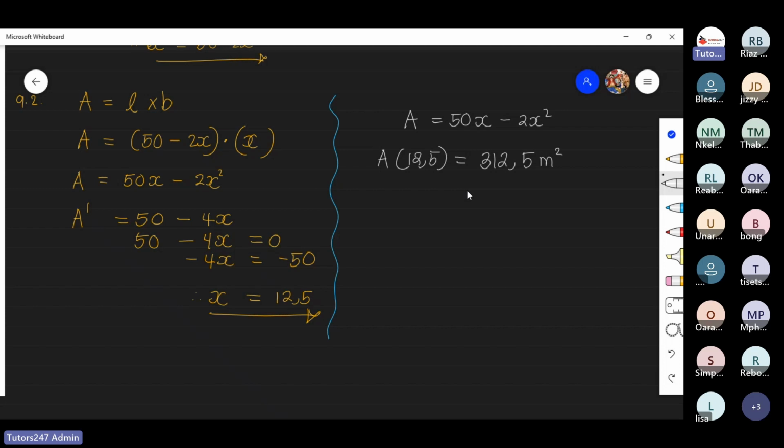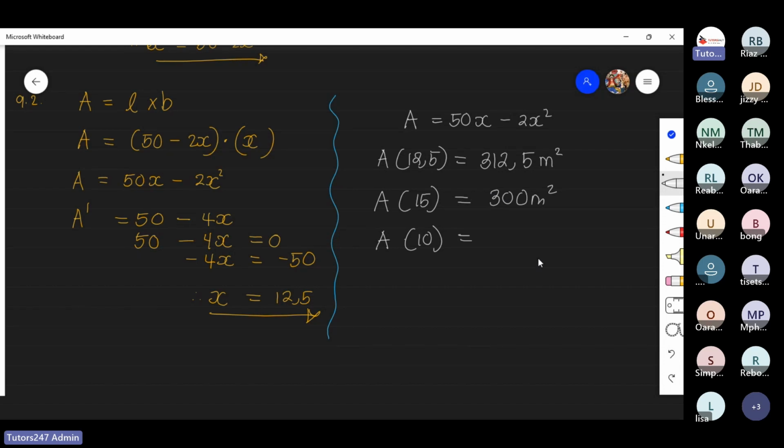So let's take a value bigger. Let's do 15. 15 is bigger than 12,5. So we'll take the area of 15. Let us do 10 as well. So we'll take one value bigger, which is 15, and one value smaller, which is 10. Now, if we substitute 15 into our area formula, we end up with 300 meters squared.